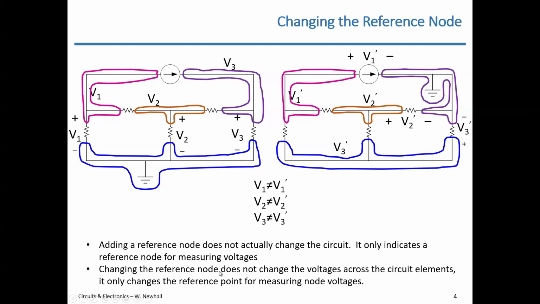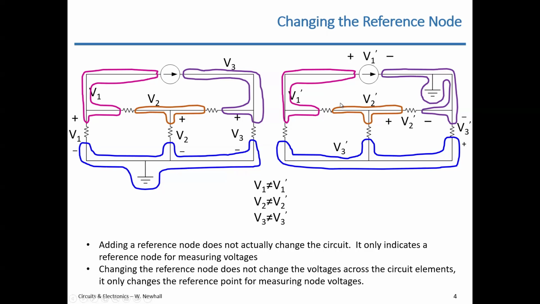And then changing the reference node, like I did here from left to right, does not actually change any voltages across the circuit elements. It only changes the reference point for measuring node voltages. So in the left and the right circuit, if I have the current source, same values, and all the resistors are the same values, then even though I've moved the reference node, and V1 is not V1 prime, V2 is not V2 prime, if I were to take a voltmeter and measure across each one of these individual resistors on the left and on the right, you'd have the same voltages across each resistor.